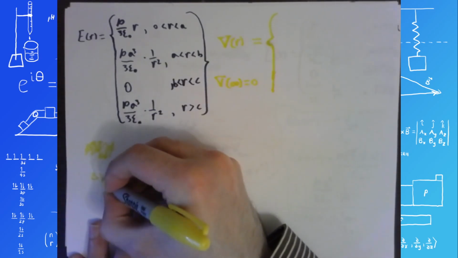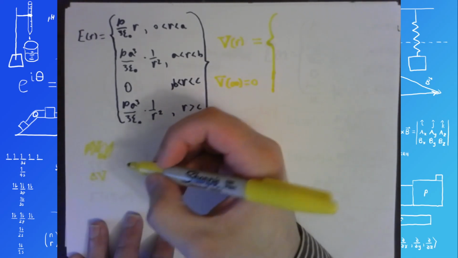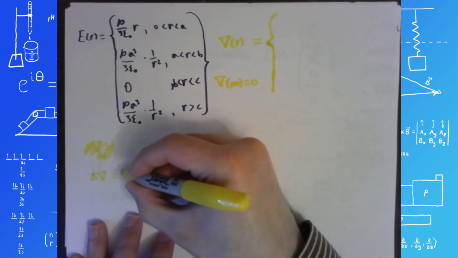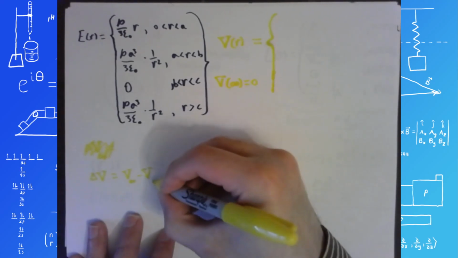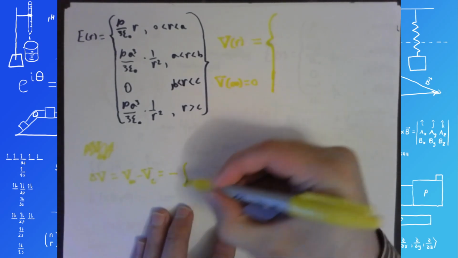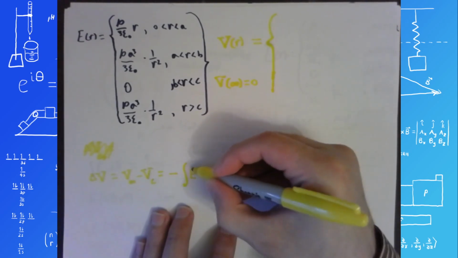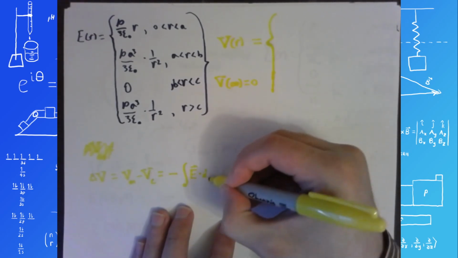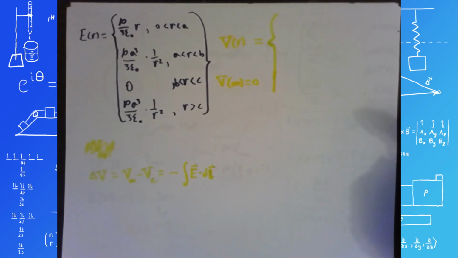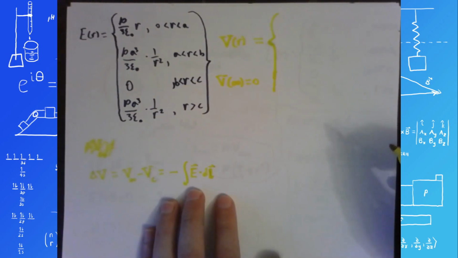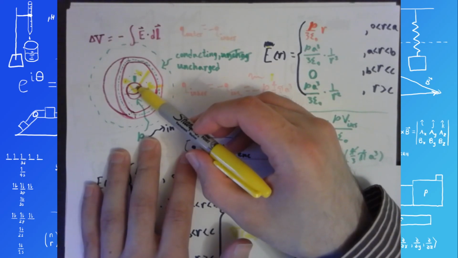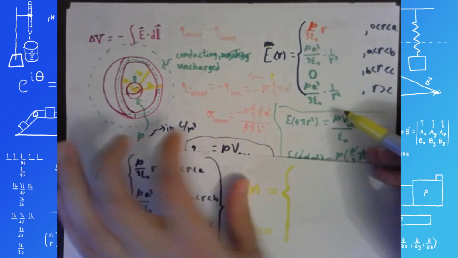So I'm going to say delta V is equal to V infinity minus V C is equal to negative integral E dot dl, which simply reduces to E times dl if you consider the fact that our electric field is going to be outward in this region.